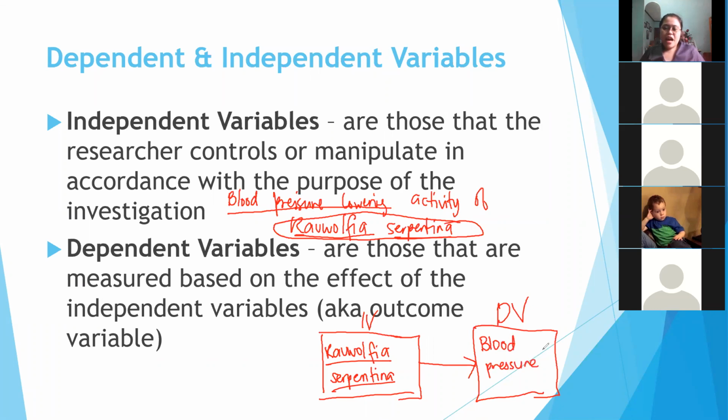So, mao siya ang dependent variable. Pag gamiton nato si Rauwolfia serpentina, ang atong gina-measure afterwards kay si blood pressure. So, the outcome variable is the dependent variable. That's the blood pressure. Okay?